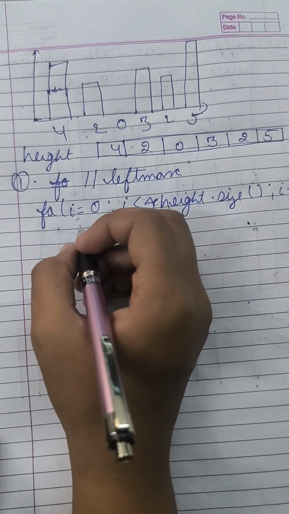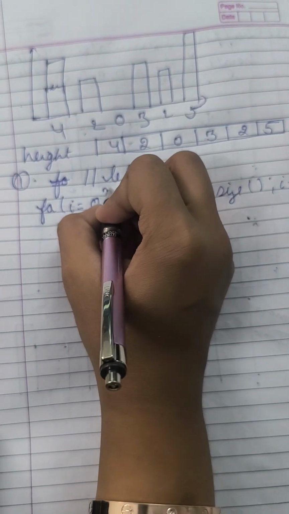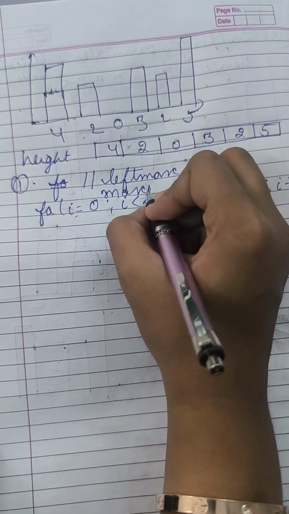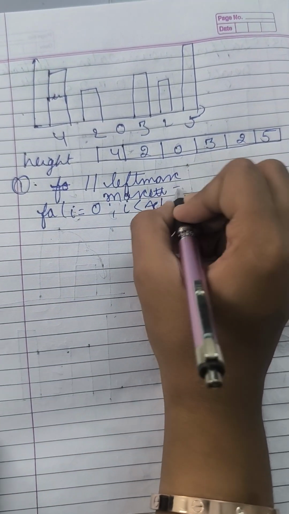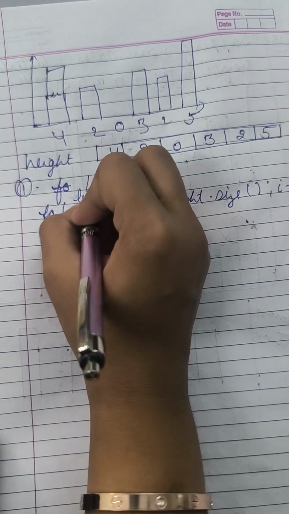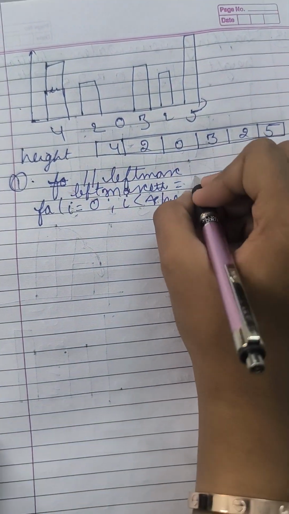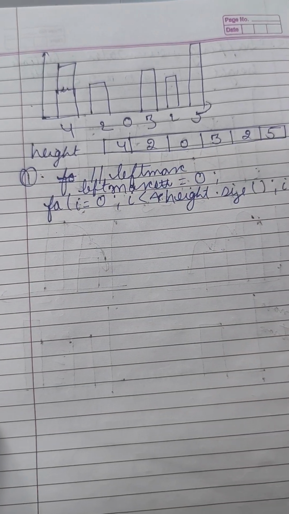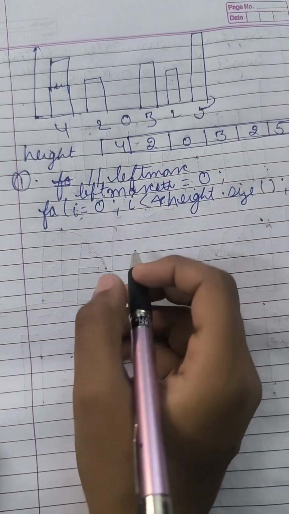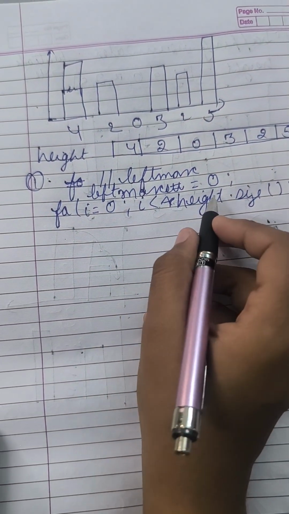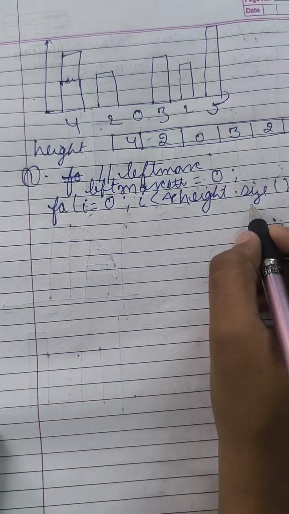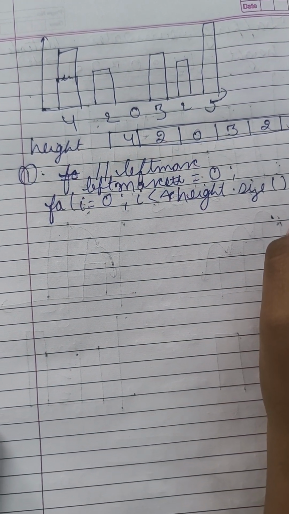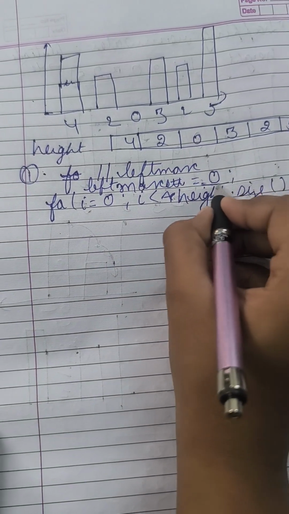For that I am creating a variable, int leftMax equals 0, because I have to create rightMax later on also. So it's very important to give the variables nice names.